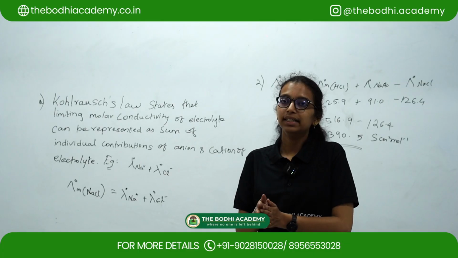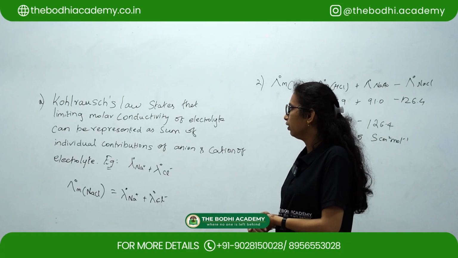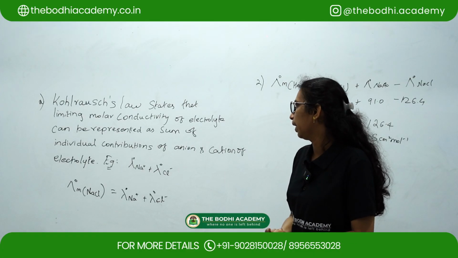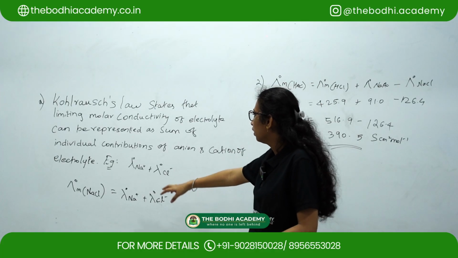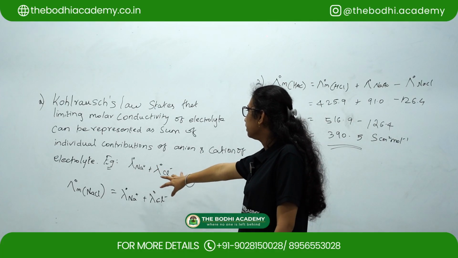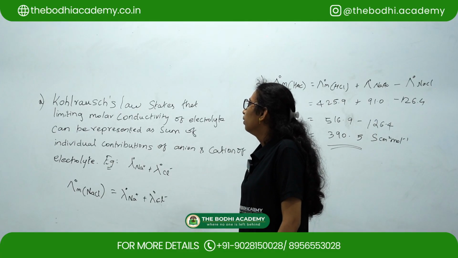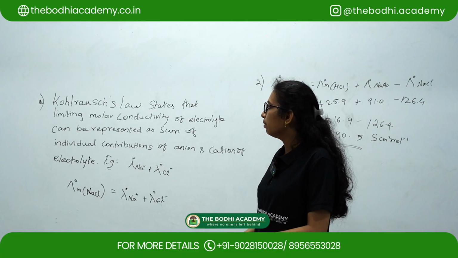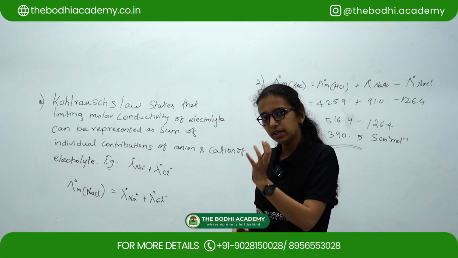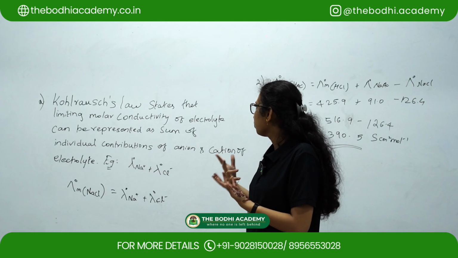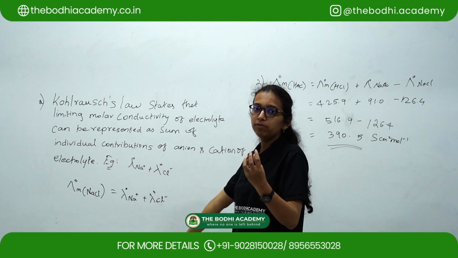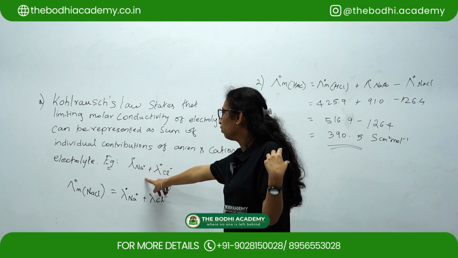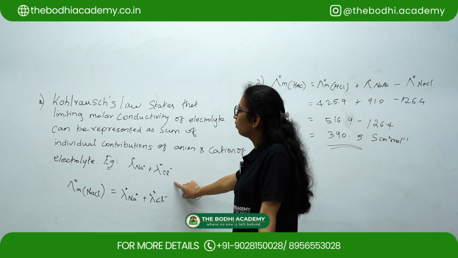It states that the limiting molar conductivity of an electrolyte is represented by the sum of the individual contributions of its ions. Now see, the example is sodium chloride. The limiting molar conductivity of that particular electrolyte is explained by each individual ion, the cation and the anion.